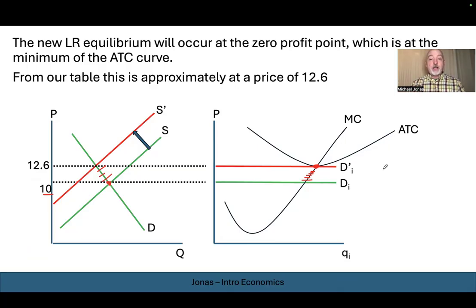And that's where they'll stay until something else happens. There's a change in wages or costs of inputs, or the demand curve for their product shifts. Then that's going to push us into a non-zero profit short run equilibrium and out of long run equilibrium. But this is our long run equilibrium point. No incentive to enter, no incentive to exit. All firms in the industry are making zero economic profit.